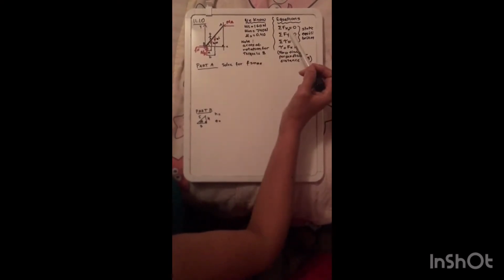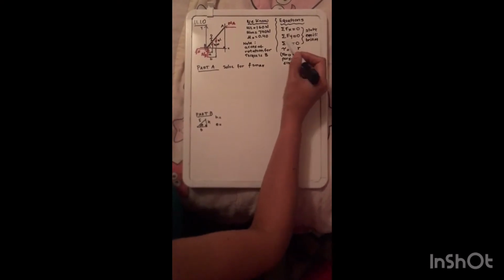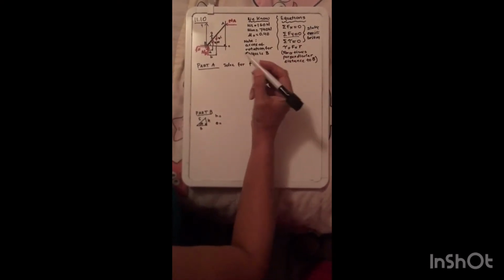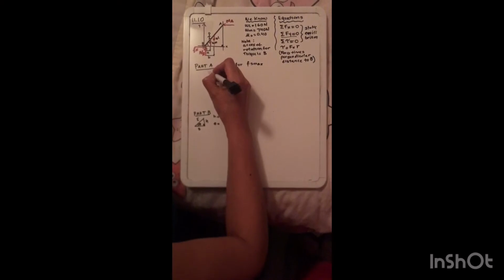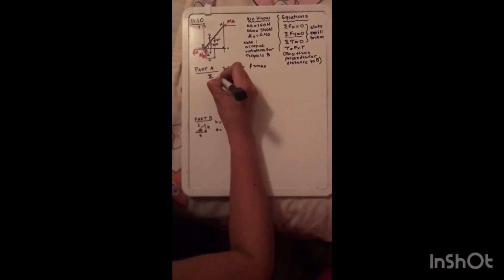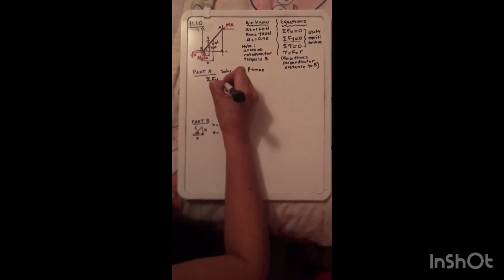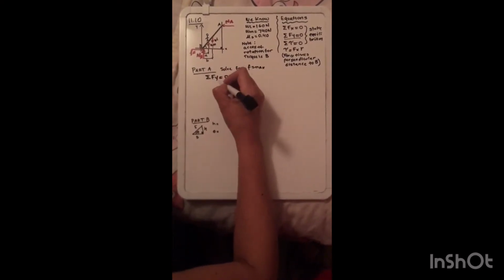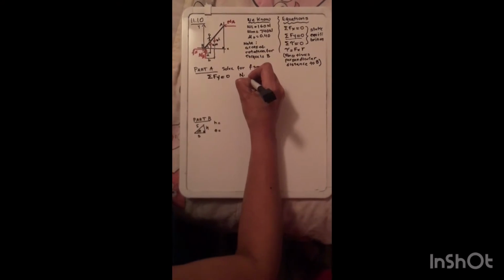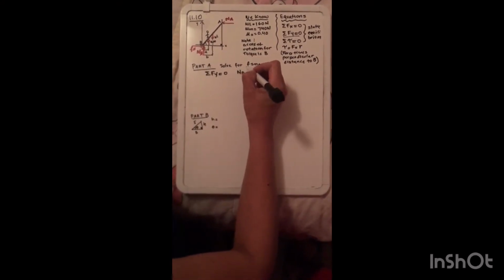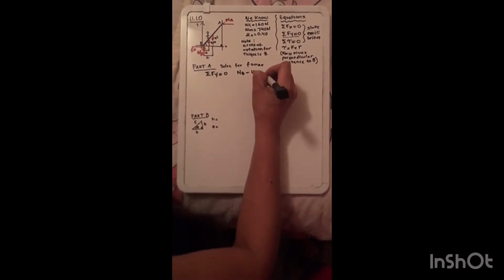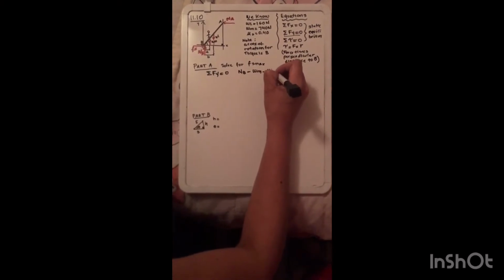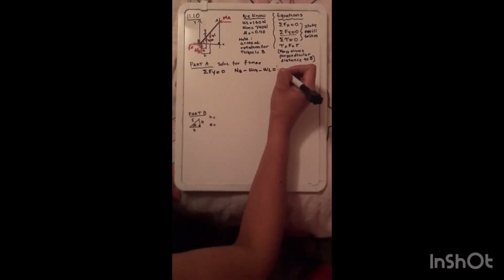So using Newton's second law, we're going to solve for friction. We have the summation of all the forces in the y direction equal to 0, and in the y direction we have the normal force on B minus the weight of the man minus the weight of the ladder equal to 0.